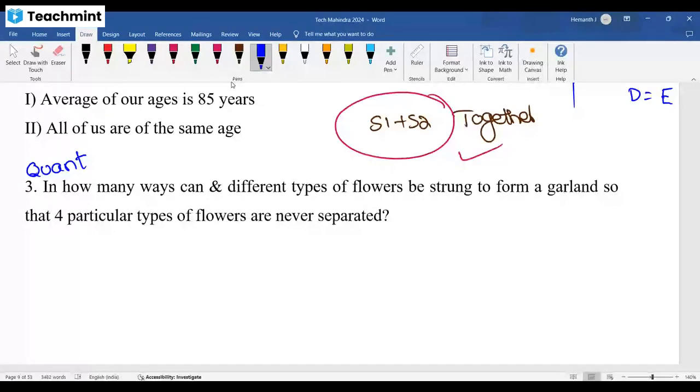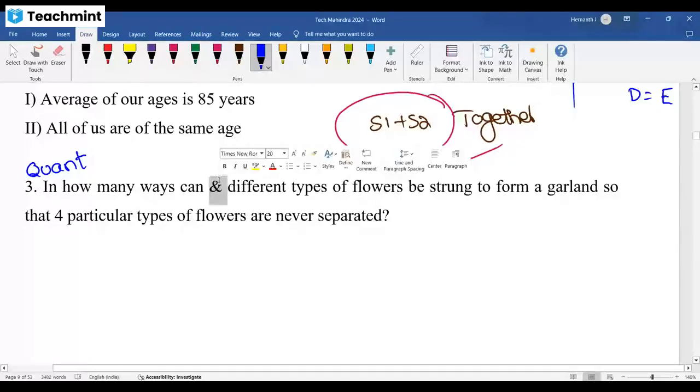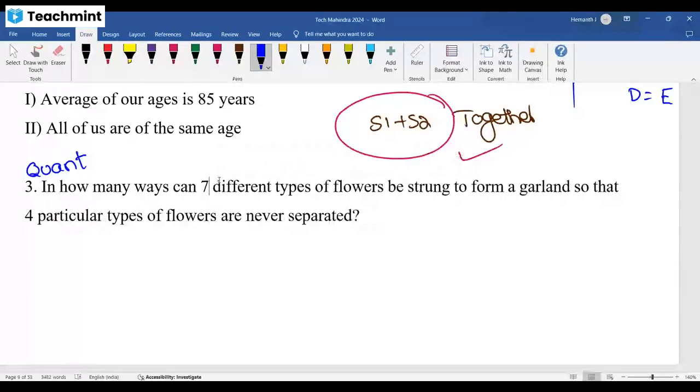I think here, instead of 'and', it might be seven different types of flowers strung to form a garland. There is some typing mistake here. So you just understand that there are seven different types of flowers to form a garland.